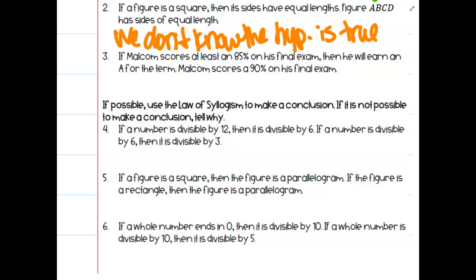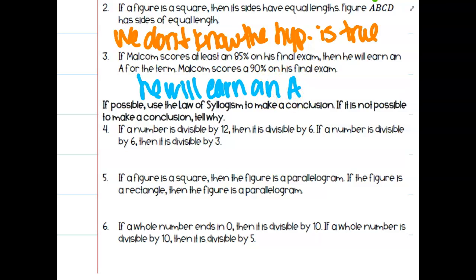So my given information, if he scores a 90%, is my hypothesis true? Yeah. So I can conclude if he scores a 90% on his final, then what? He will earn an A for the term. He will earn an A.